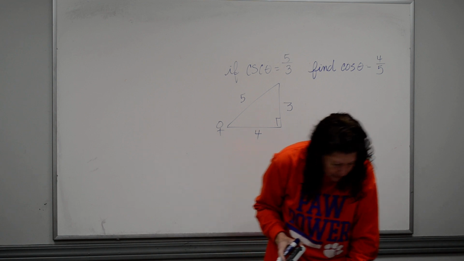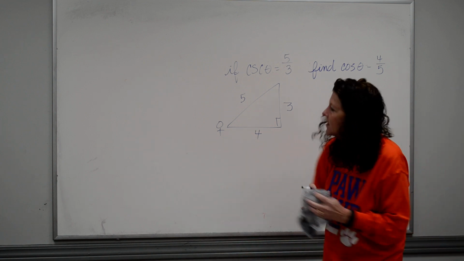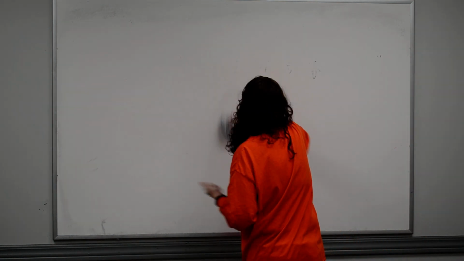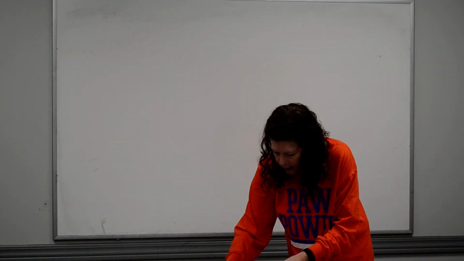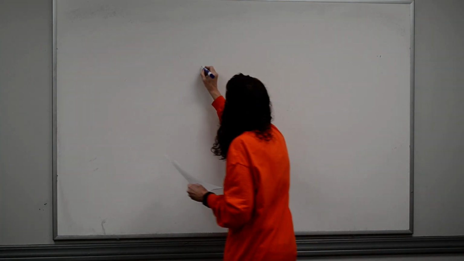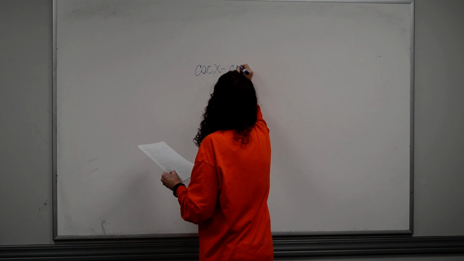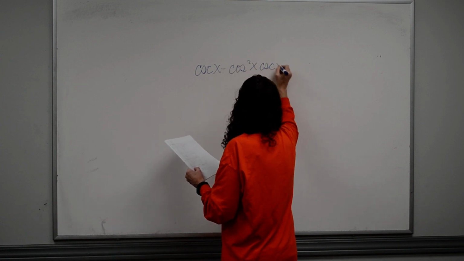That is number 13. Then you move on to number 15, and they're telling you to simplify this using Pythagorean or any identities. But right here at the front, we used our Pythagorean identities the most. So number 15 starts out like this. The cosecant of x minus the cosine squared of x times the cosecant of x.